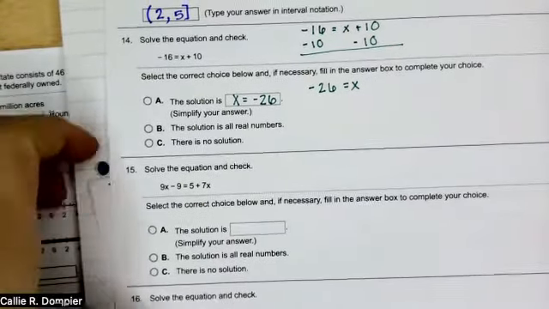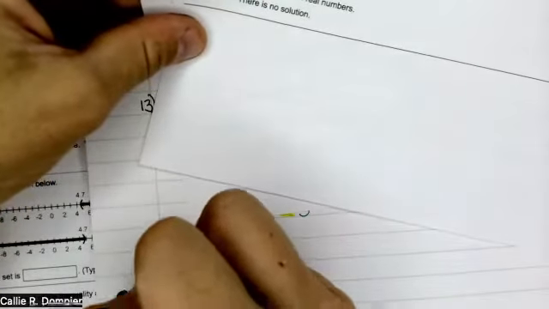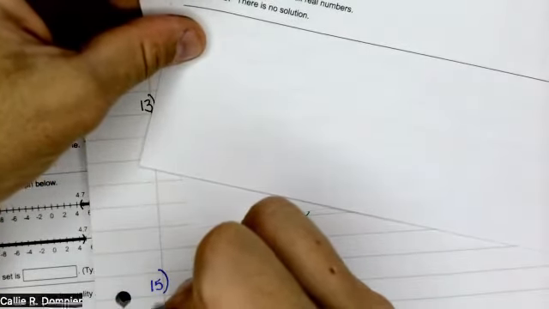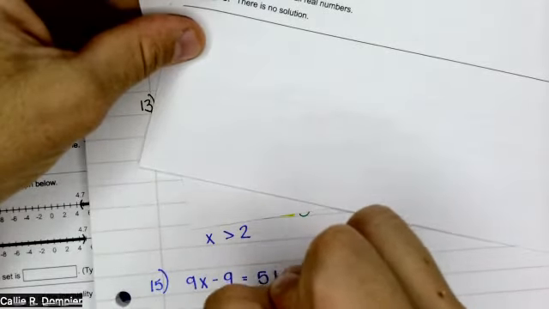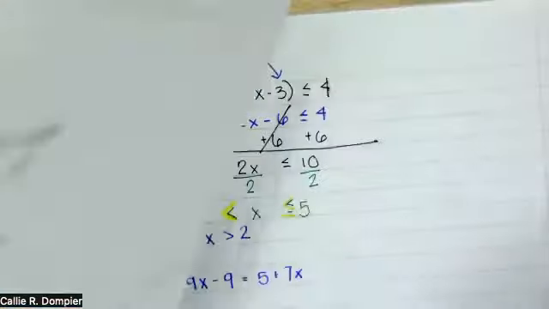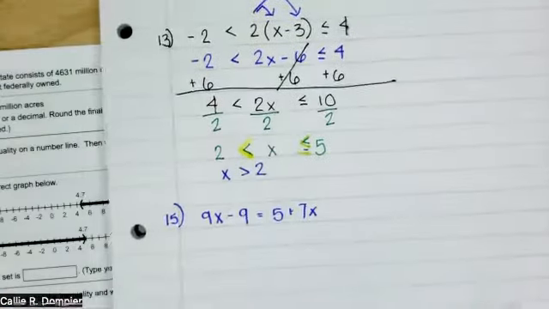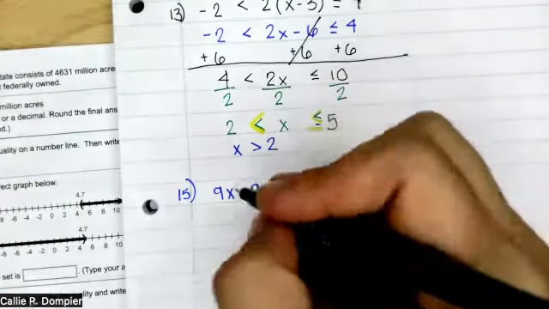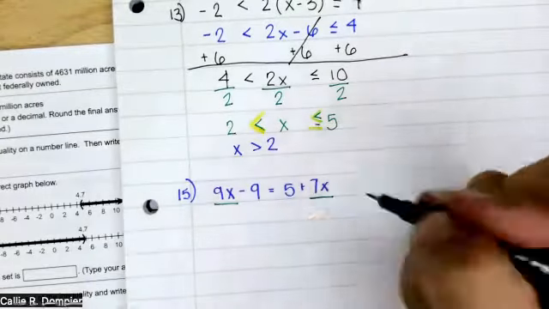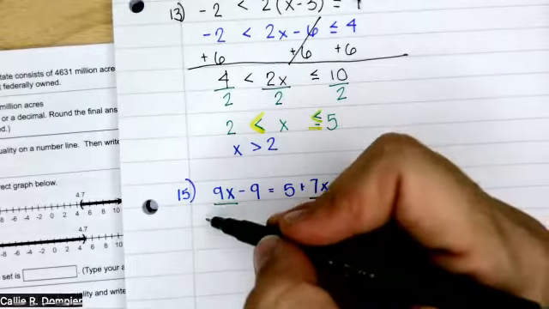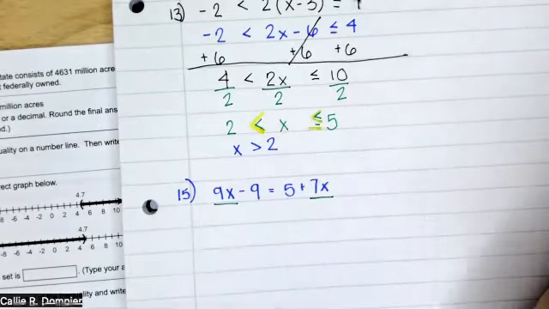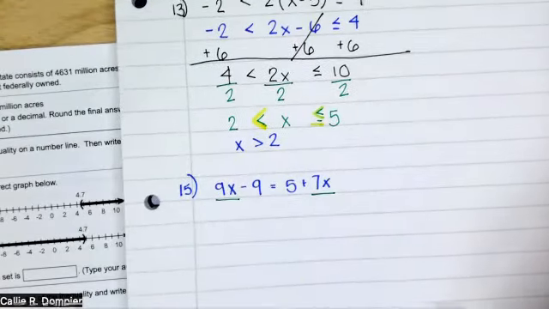Here's one with more than one step. I'll write it here. 9x minus 9 equals 5 plus 7x. Good? All right, so you have a 9x and you have a 7x. It doesn't matter. You could move the 9 by subtracting 9 from both sides or move the 7 by subtracting 7 from both sides.